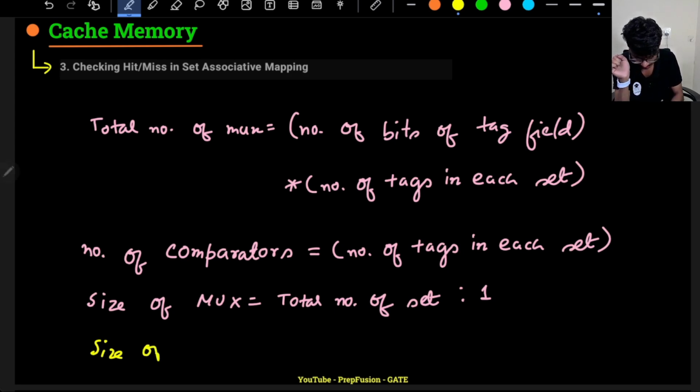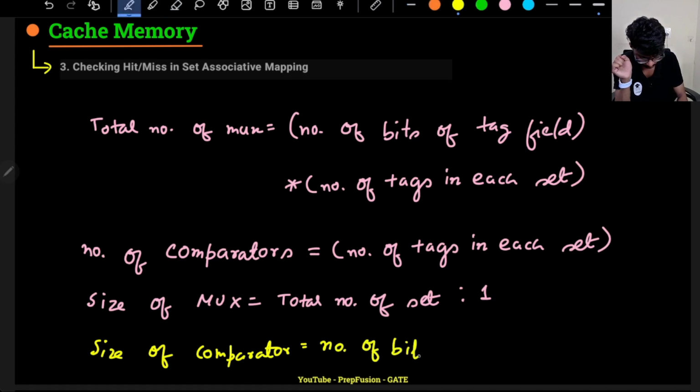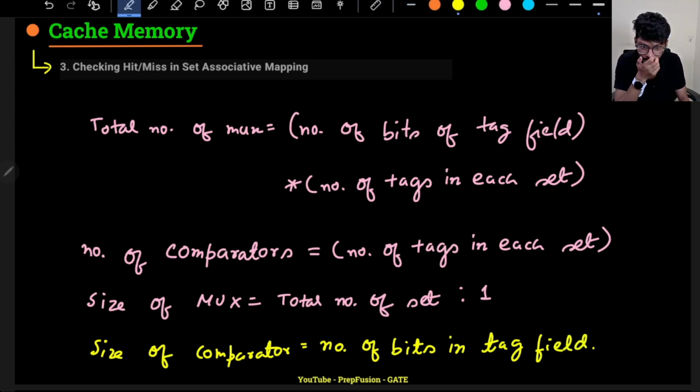So size of comparator will be number of bits in tag field. Okay, whatever the number of bits in the tag field, that will be the size of the comparator.